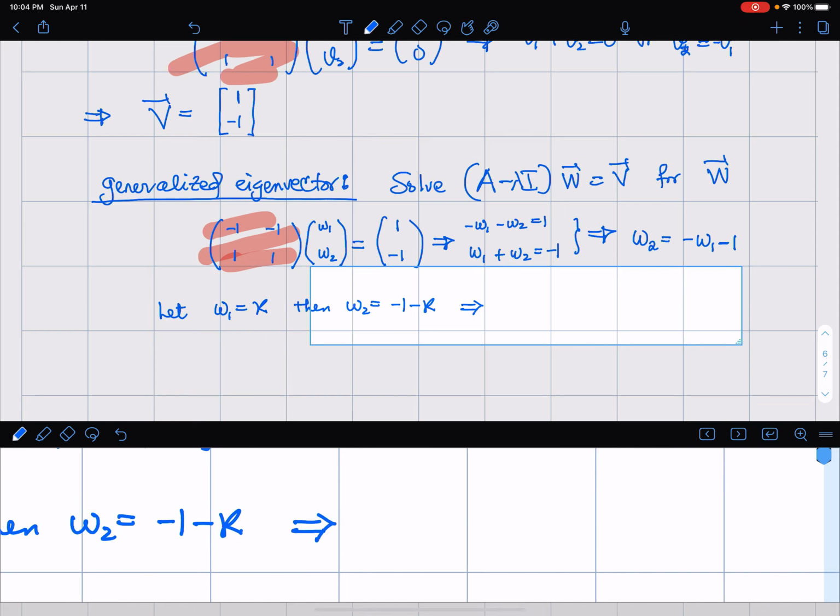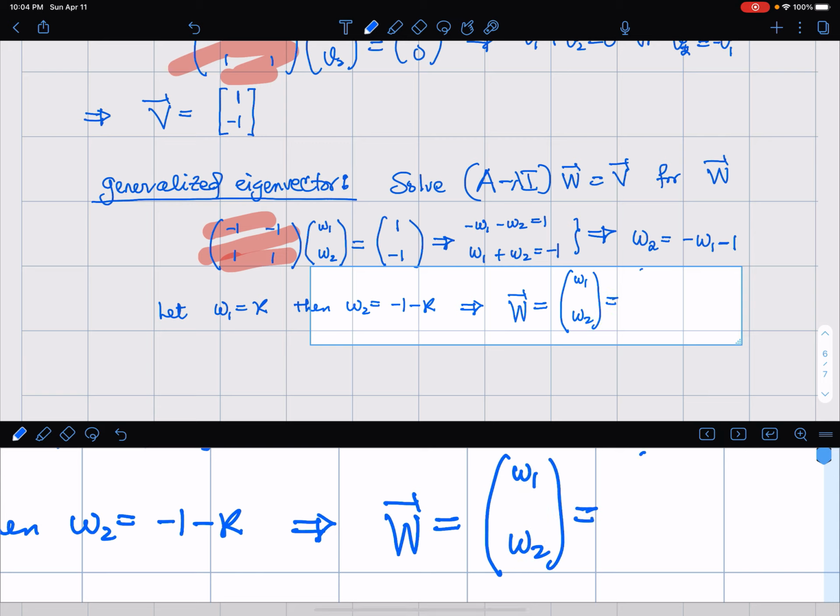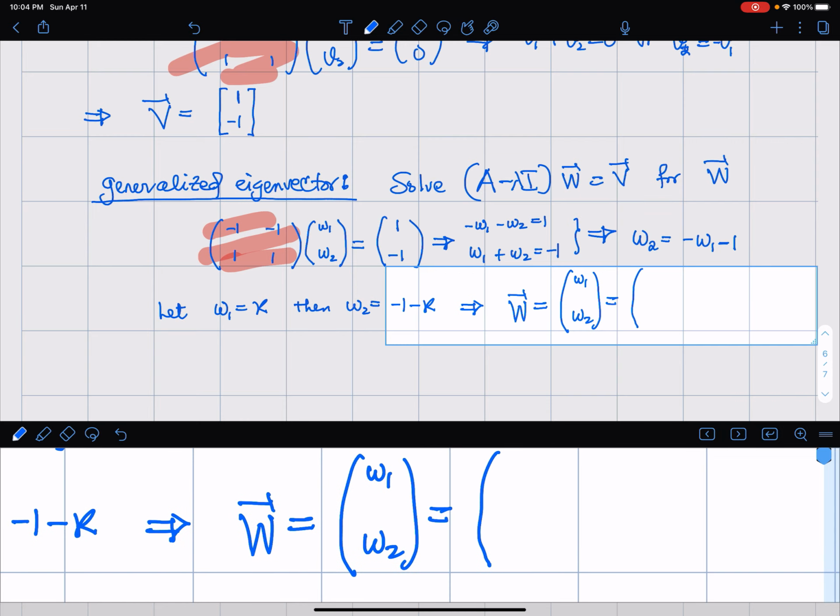And this lets us write our vector W, which is (W1, W2). We can write it as W1 is K, so I'm going to write this plus K here, and then I'm going to fill in the gap.